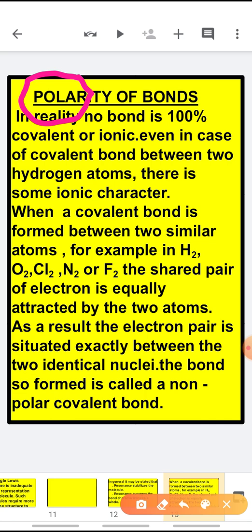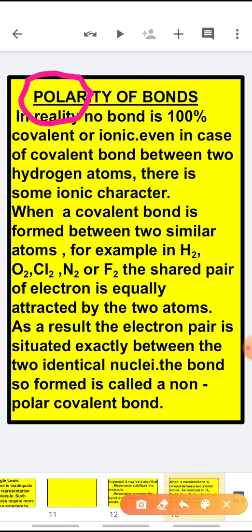Now children, in the beginning of the chapter I explained the ionic character and the covalent character of the bond, but in actual practice none of the bonds is 100% ionic or 100% covalent. Even in the covalent bond between two hydrogen atoms, there is some ionic character.